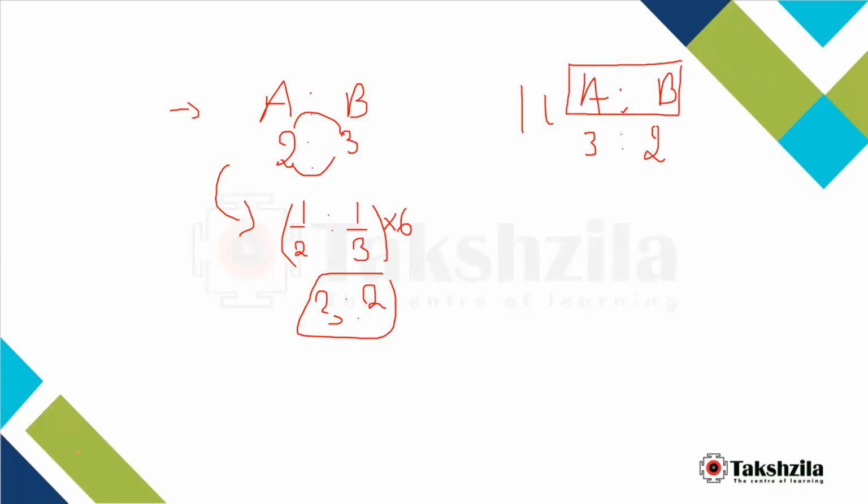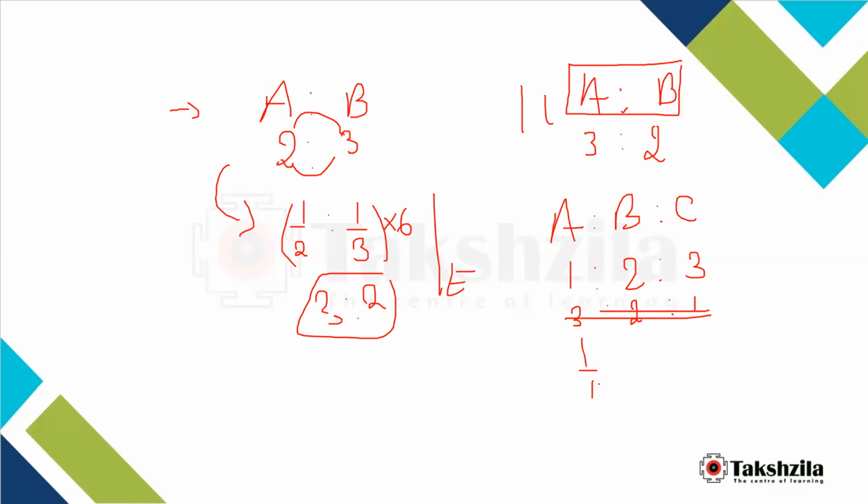This particular thing fails when there are three people. Like if there are three people A, B and C, and their efficiency ratio is, say, 1 is to 2 is to 3. You can't write their days ratio as 3 is to 2 is to 1. This is wrong, but if we follow the process you can easily know. That's the error-prone area: people only practice for two people, and when three people come in the exam, then you fail.